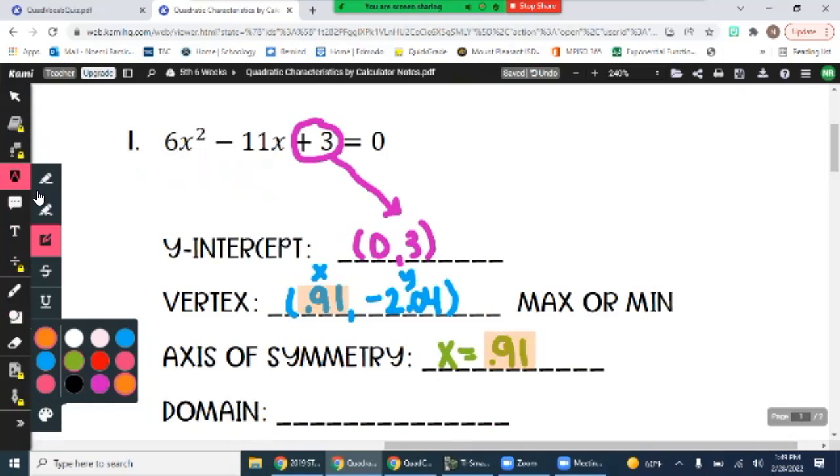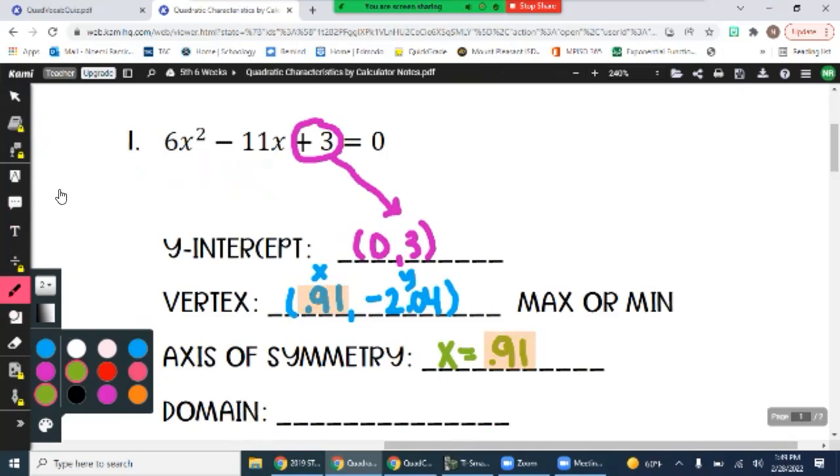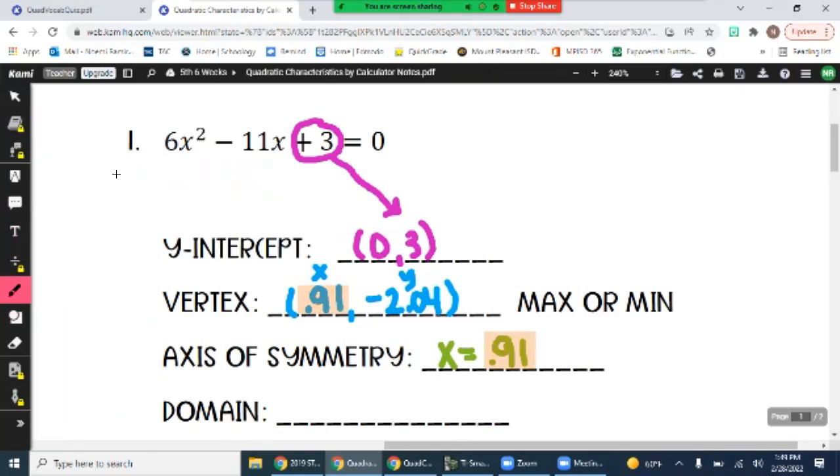And you could apply the same to a graph. If you physically have a graph in front of your face, you can find the vertex. It also works. With this vertex, did we have a maximum or a minimum value? We had a minimum. Now that minimum value, let's say, for example, they ask us to fill in a griddable.